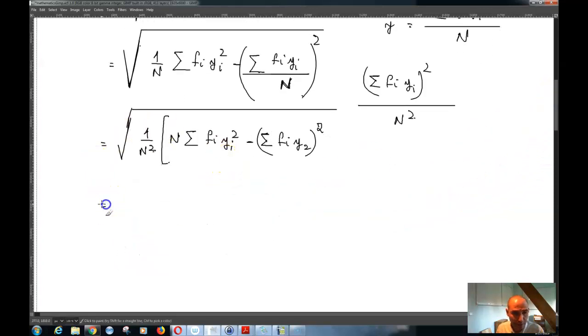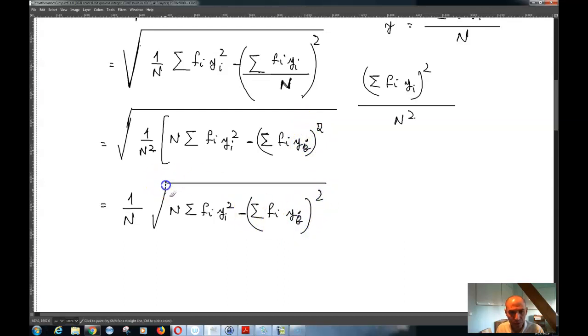I can take it out, becomes 1 over n, the square root of n times sigma f of i y of i squared minus sigma of f of i y of i whole squared, and that is basically that.